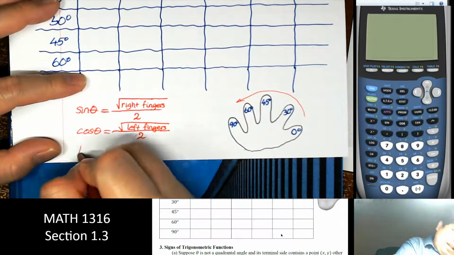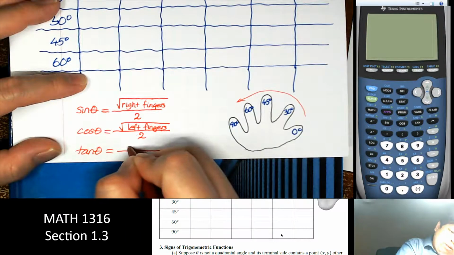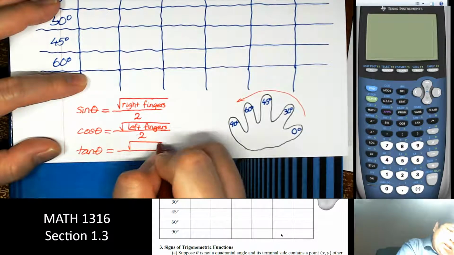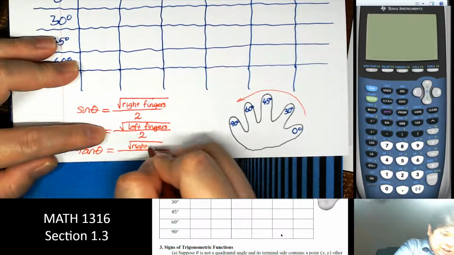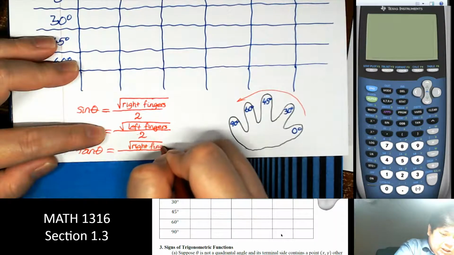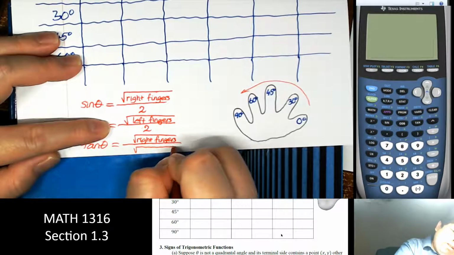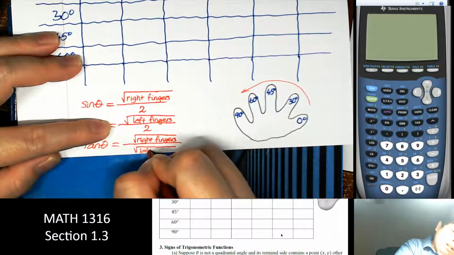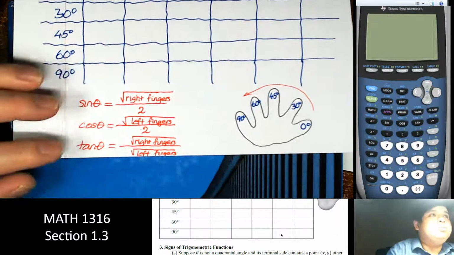And then tangent is going to be the square root of the right fingers over the square root of the left fingers.